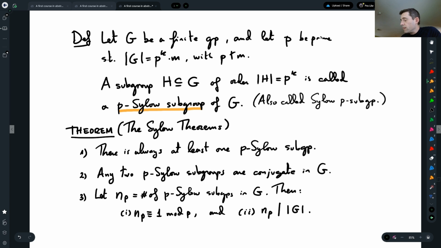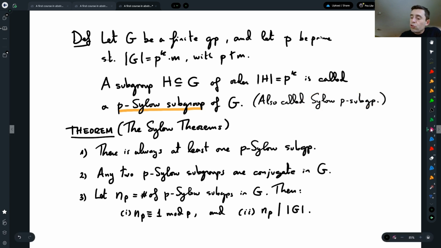When you have a finite group, abelian or non-abelian, and the largest power of P that divides the order of G is P to the K, a subgroup that has that maximal P power order is what we call a P-Sylow subgroup, or sometimes a Sylow P subgroup.